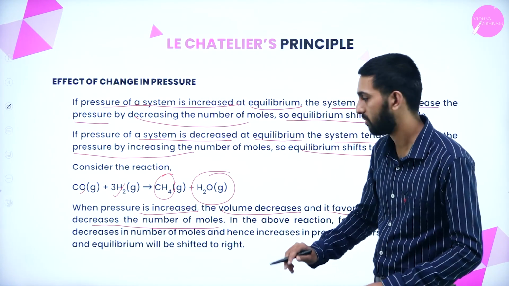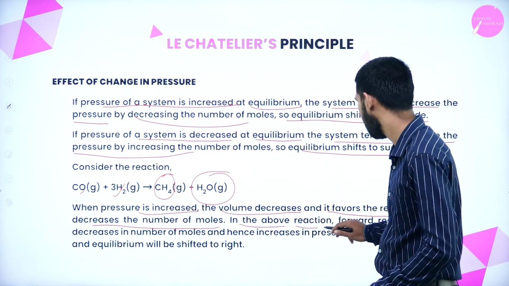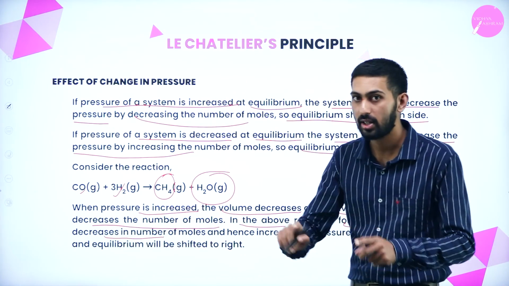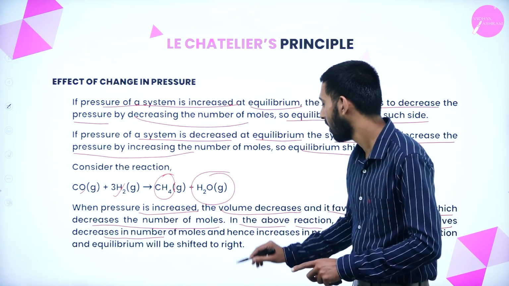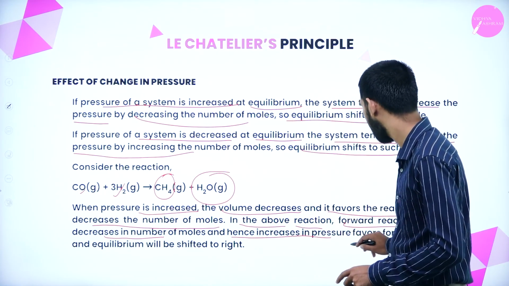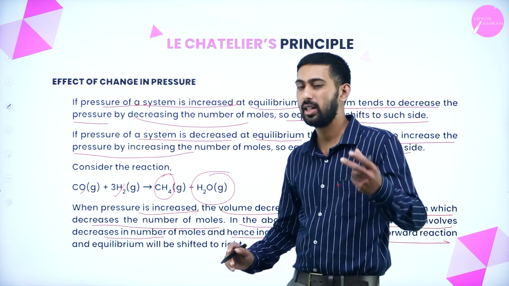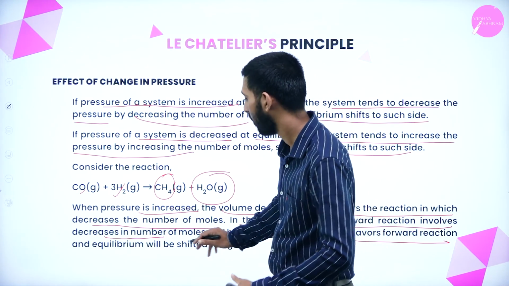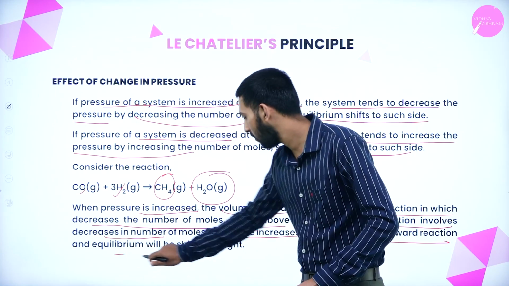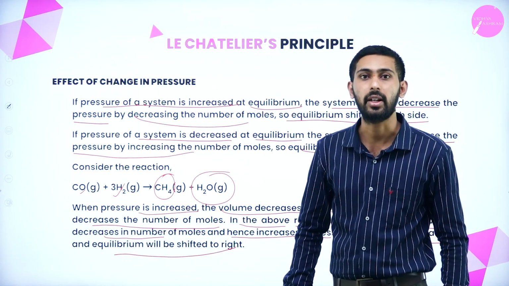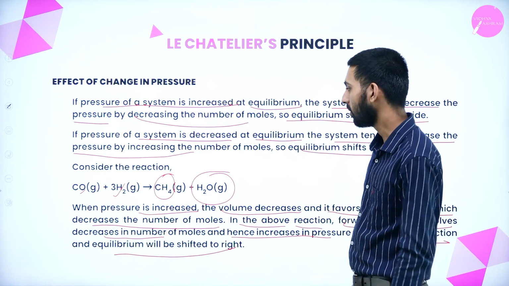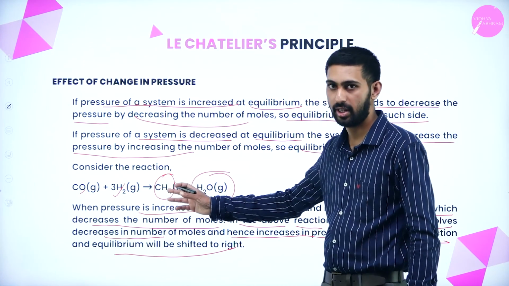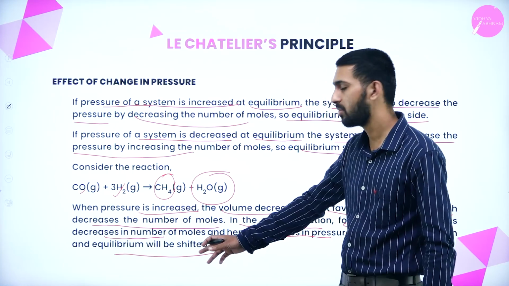In the above reaction, the forward reaction involves a decrease in number of moles, and hence increasing the pressure favors the forward reaction. Hence equilibrium will be shifted towards the right. Here there is a decrease in moles and the forward reaction takes place, so equilibrium shifts towards the right hand side.